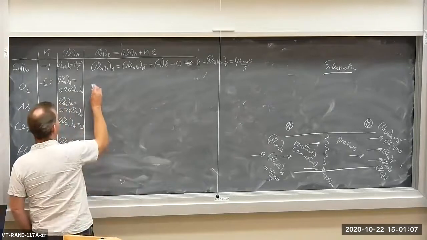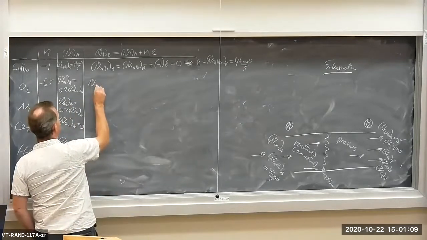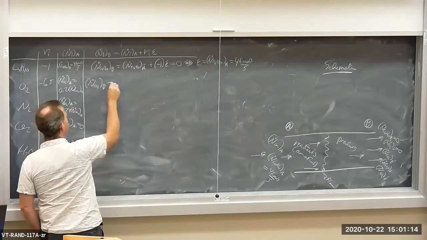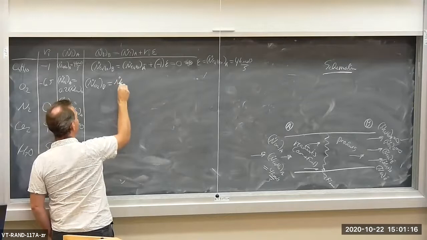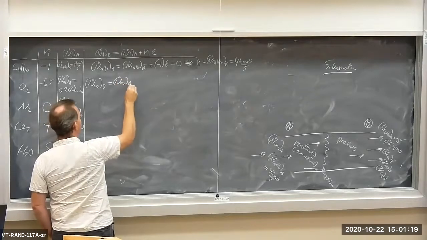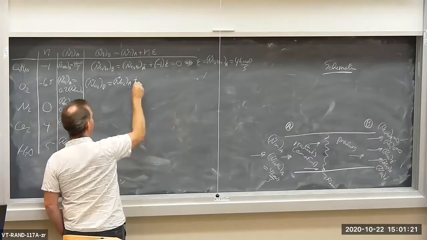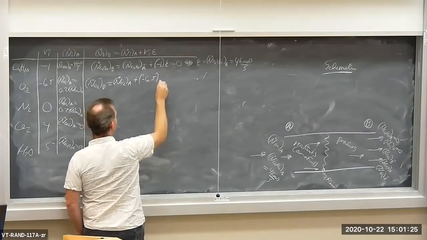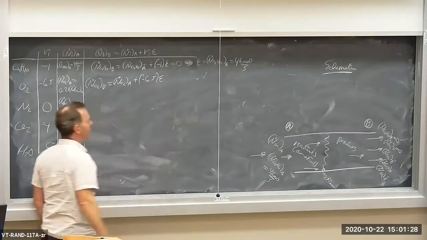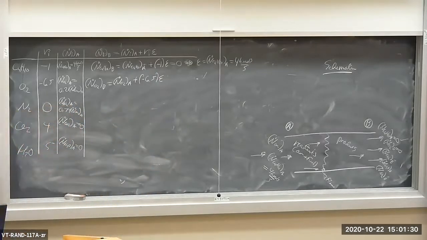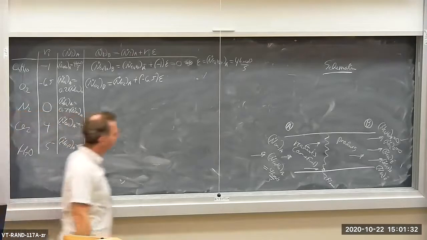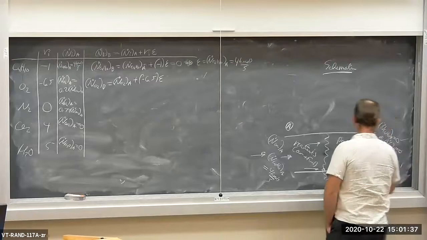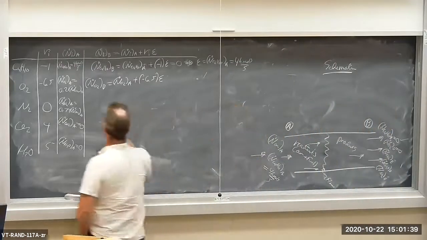Now let's do the same thing for the oxygen. N dot O2 at the outlet is equal to N dot O2 at the inlet, the reactant side, plus the stoichiometric coefficient times reaction coordinate, epsilon. Now, there's no oxygen in the outlet, so N dot O2 at the outlet is equal to 0.